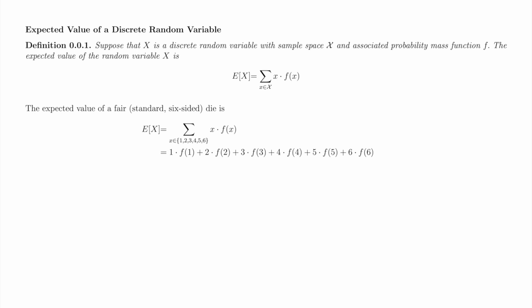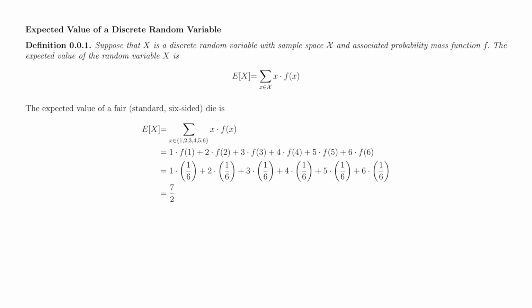Let's expand the sum. Each term of the sum is the product of an outcome and the probability that outcome occurs. Since the die is fair, f of 1, f of 2, and so on are all equal to 1/6. A bit of arithmetic, and we see that the expected value of the die is 7/2.